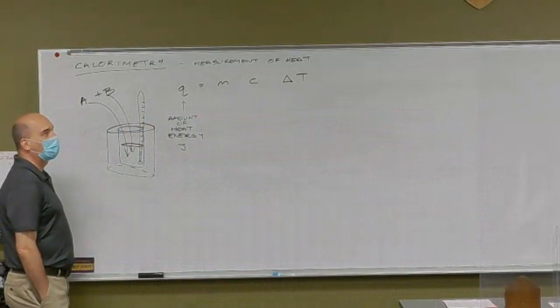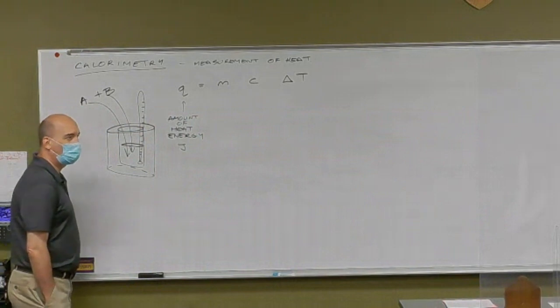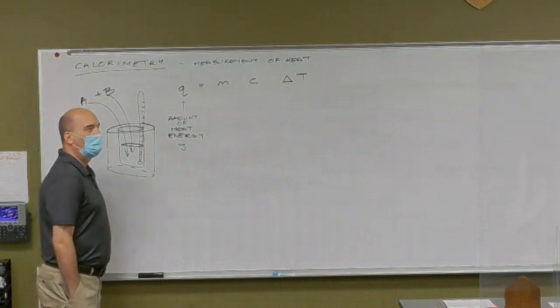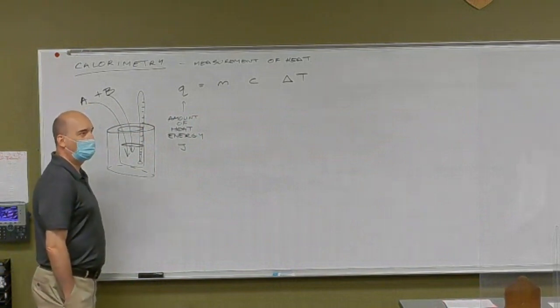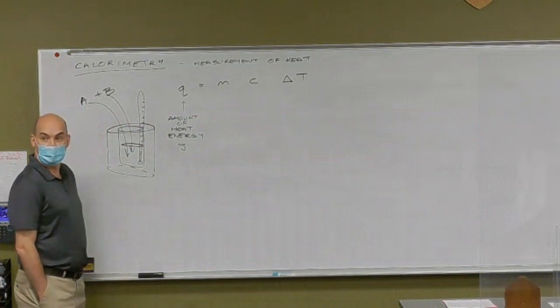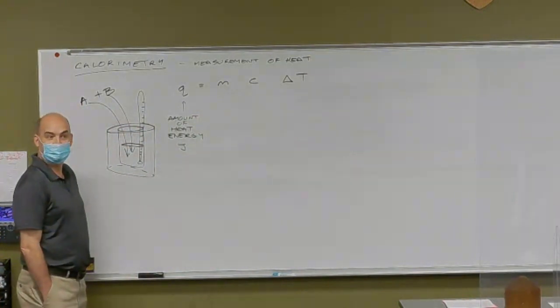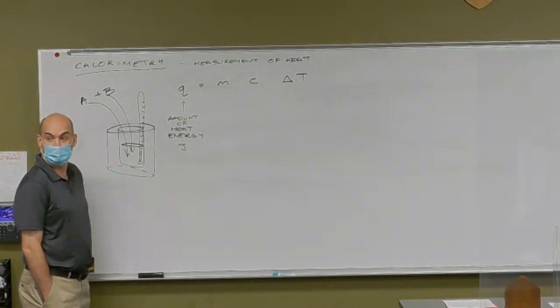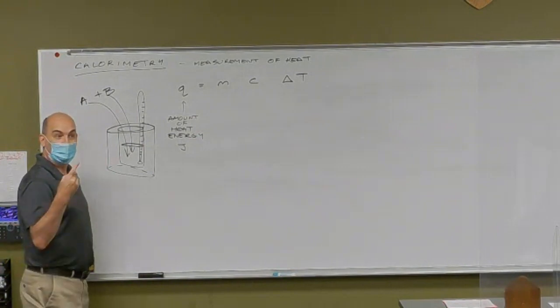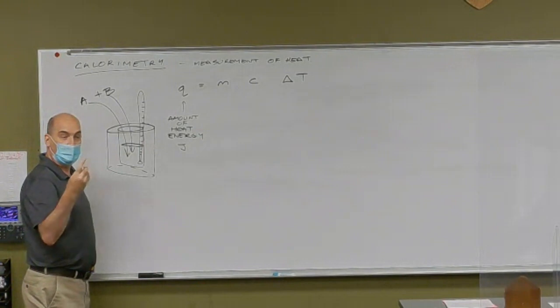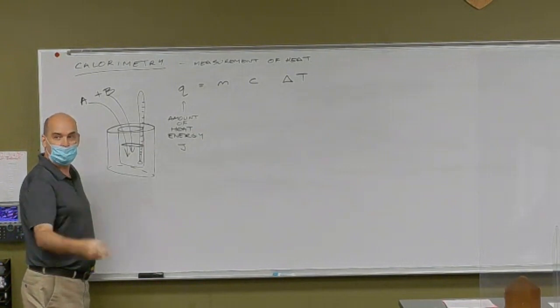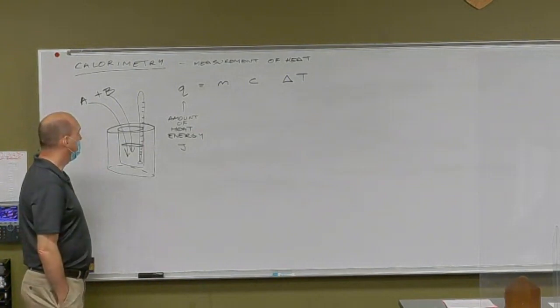The calorie is the amount of heat required to raise 1 gram of water by 1 degree Celsius. That's a really good definition for a unit. Nice and simple. Take 1 gram of water, make it get 1 degree hotter. That's 1 calorie.